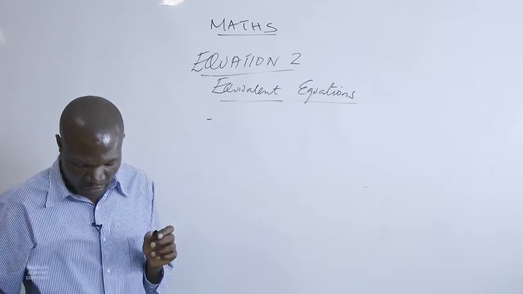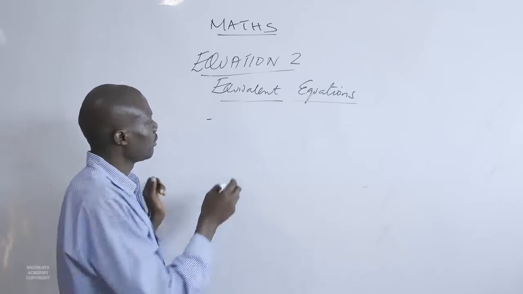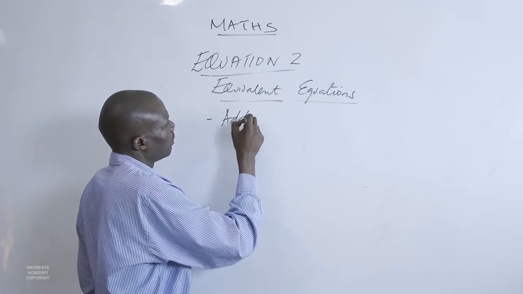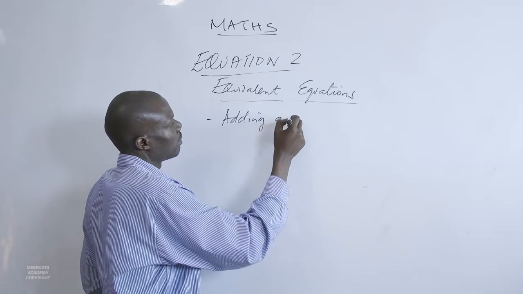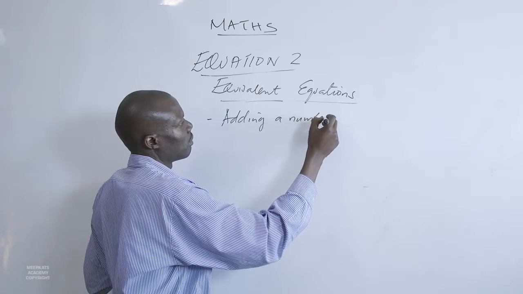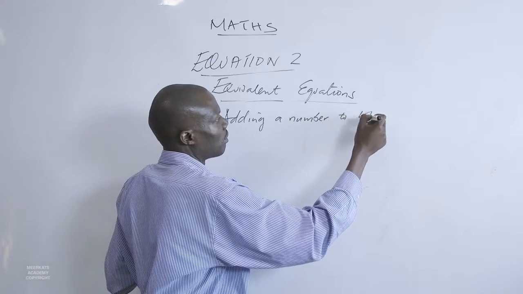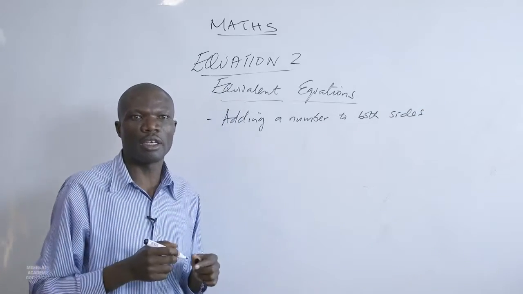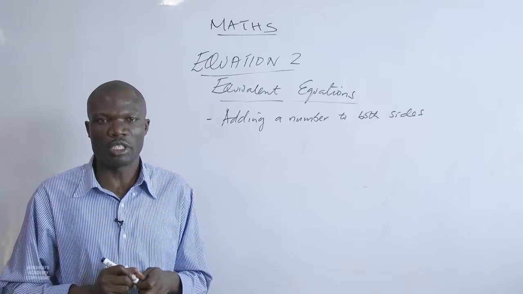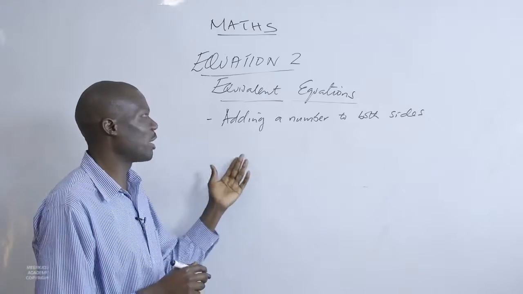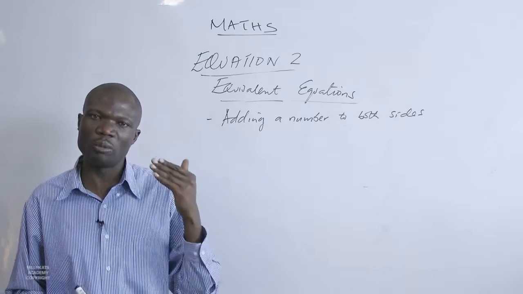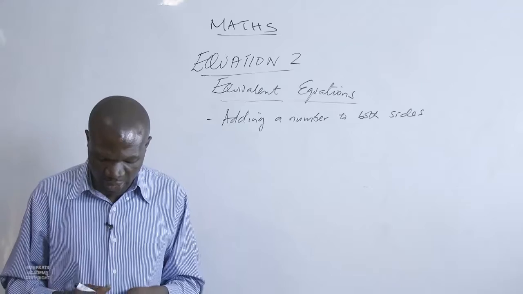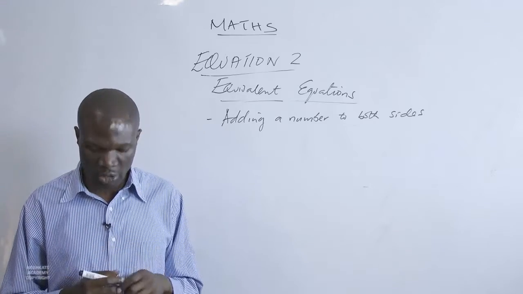First, adding a number to both sides. If you add a number to both sides, then you'll be obtaining an equivalent equation.